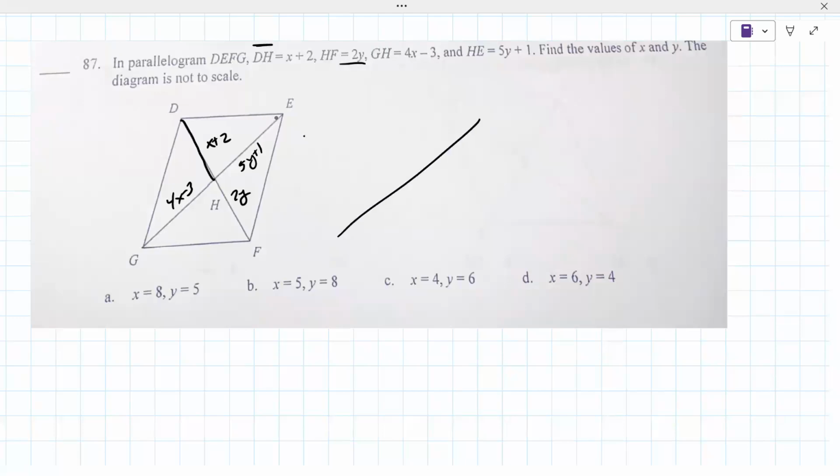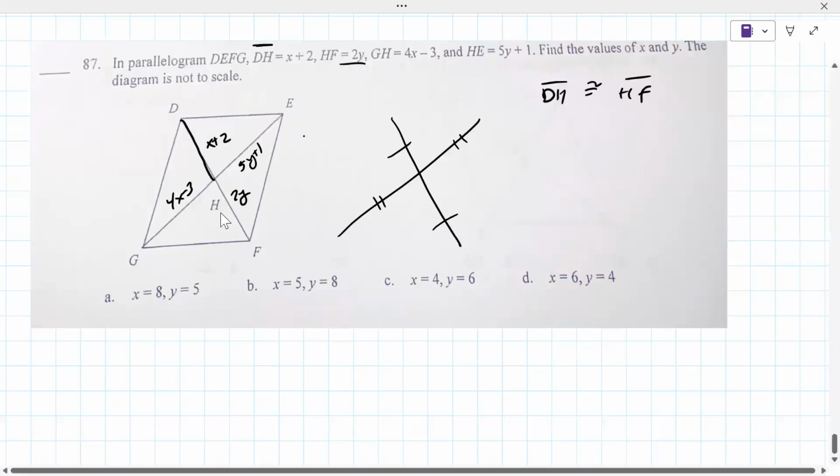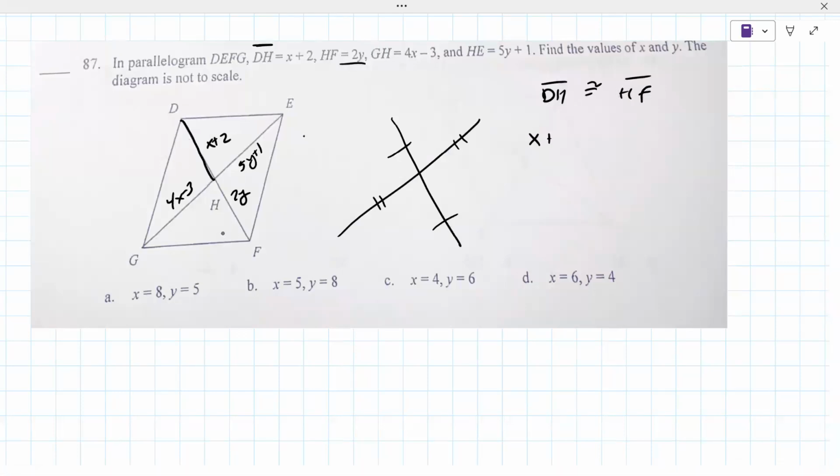So in a parallelogram, the diagonals bisect each other. It means that they're both medians, so they cut them in half. So that means that DH is congruent to HF. That's this first one going down here. So X plus 2 equals 2Y.